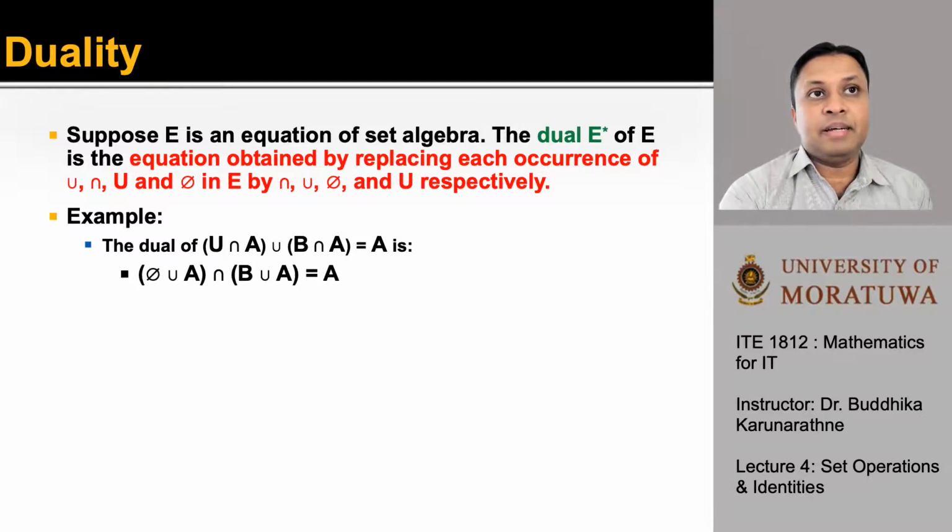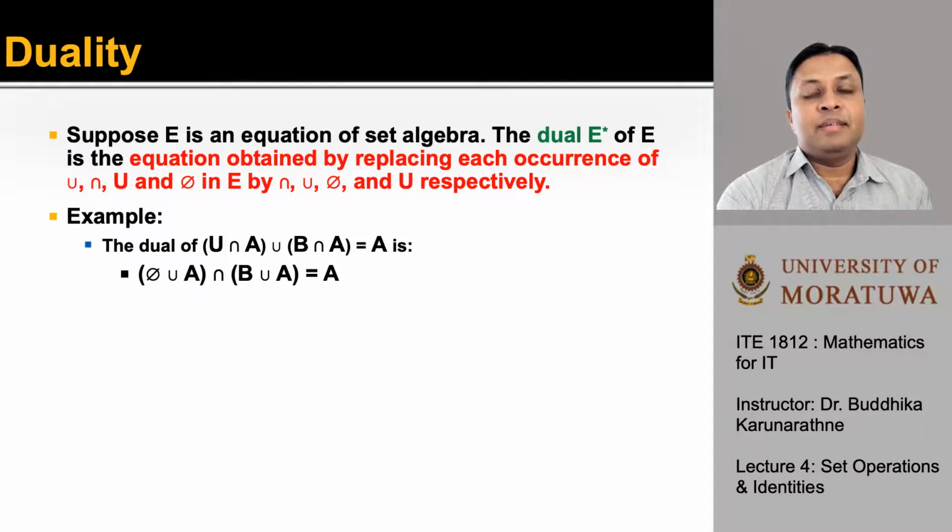So here you have an example. The statement here is (U intersection A) union (B intersection A) is equal to A, where U is the universal set. This is the original algebraic statement. How do you obtain the dual?